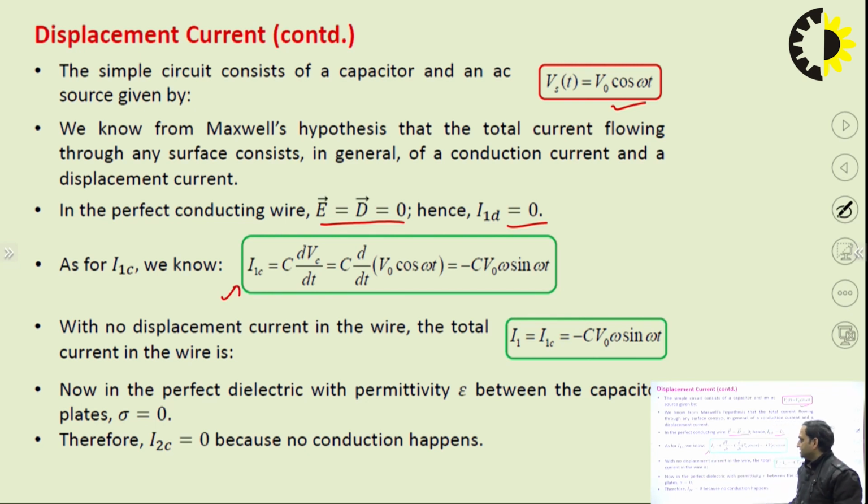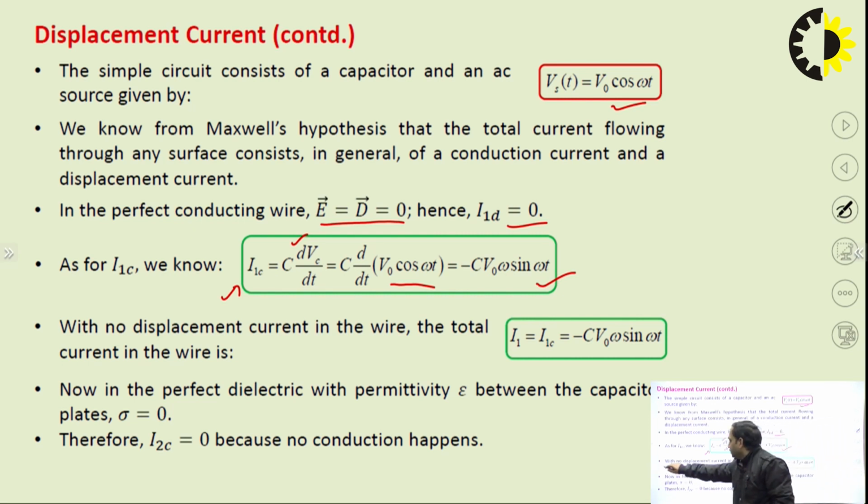And I1C we can find through the equation I1C is equal to C dV upon dt. This equation is very well known to us. In place of VC we put V0 cos omega t, and when we differentiate it, we get minus C V0 omega sin omega t.